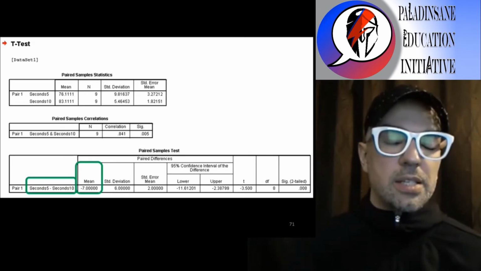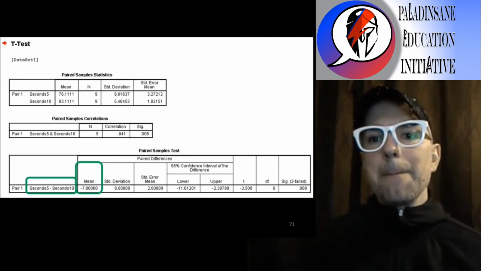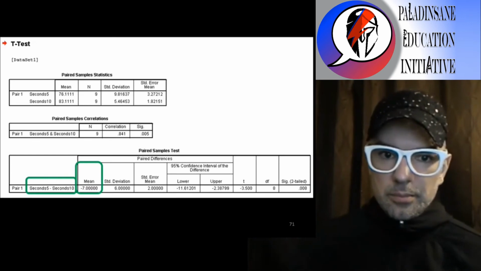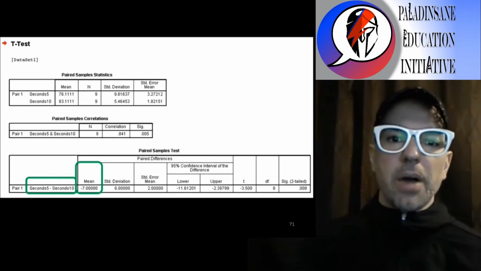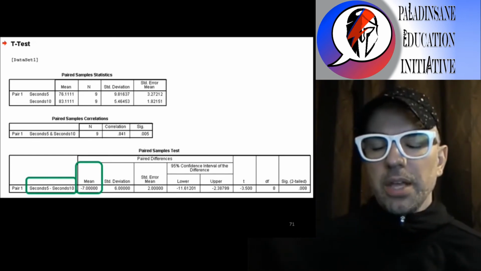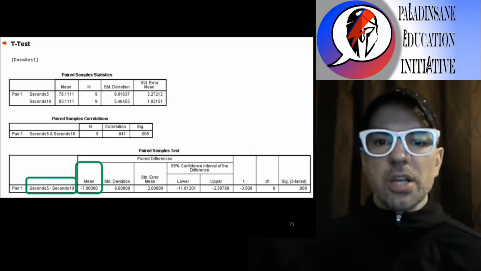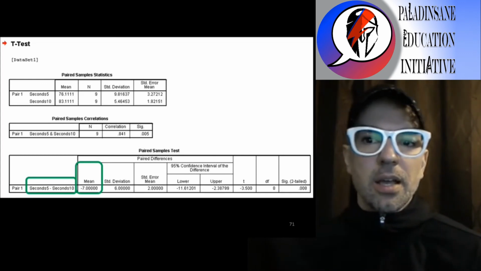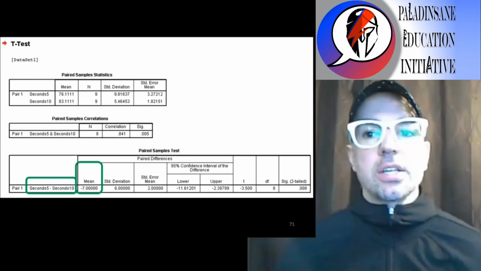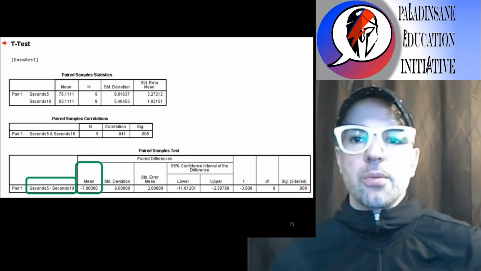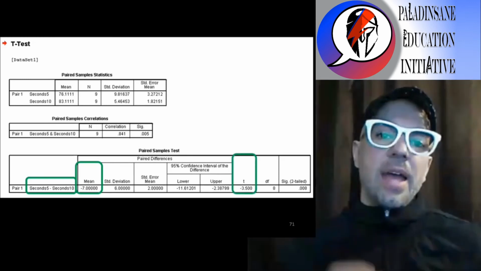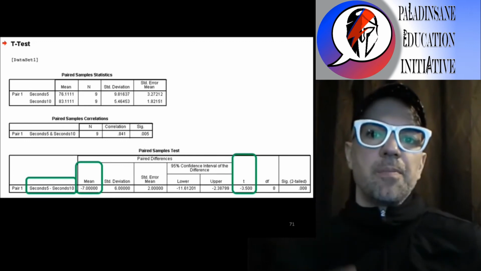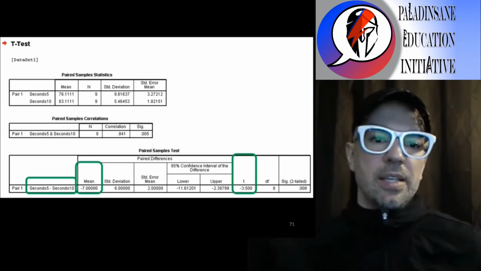That mean difference divided by the standard error of the mean, or the comparison distribution standard deviation, will give us our t-statistic. We could do the math, or we could just let SPSS do the math and read it off. So that column labeled t is your sample's t-statistic.